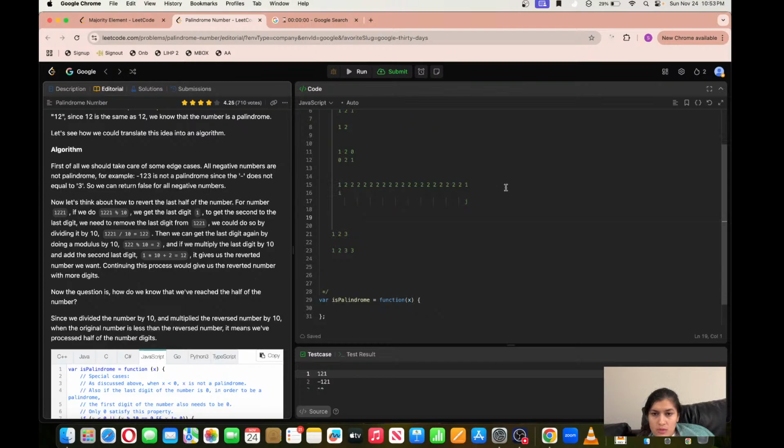then I can just go from the back until the half, and then see if this reversed half is equal to the first half or not.